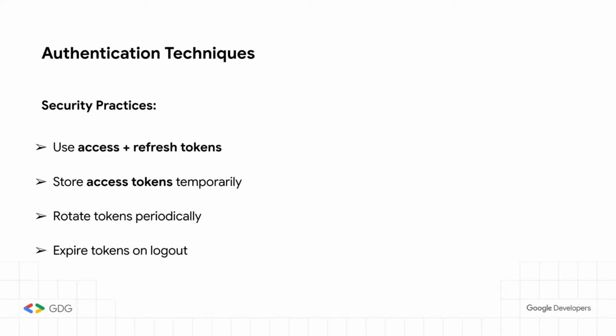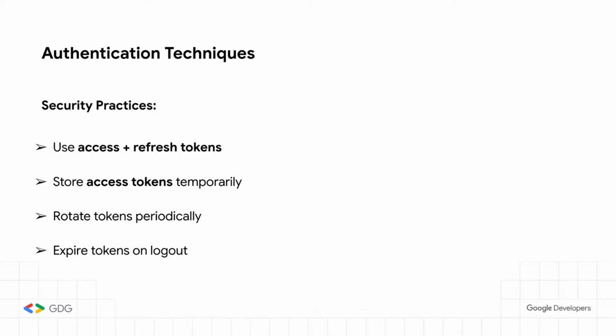Then anybody who has this access token can now view your data, which is not good, because your data is now exposed, and that should never happen. But to prevent that from happening, we use refresh tokens.